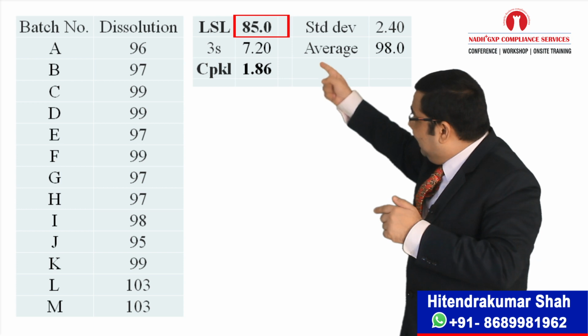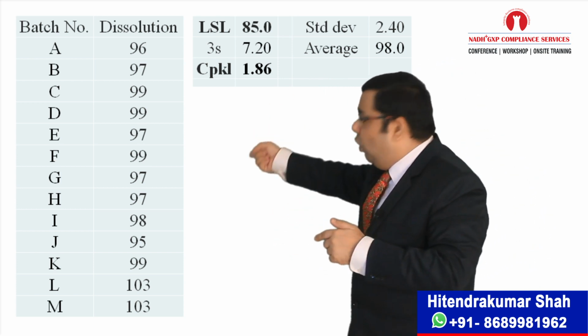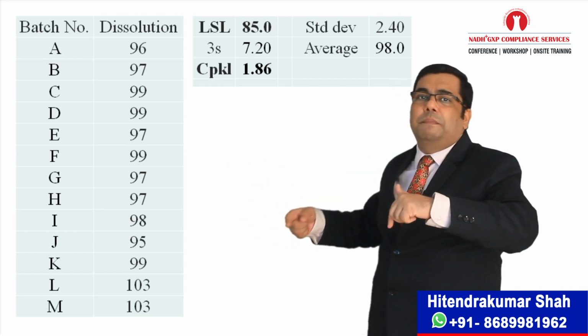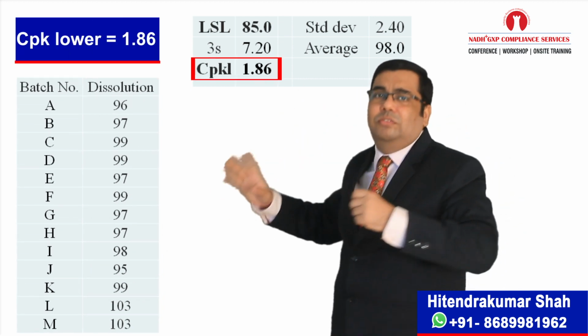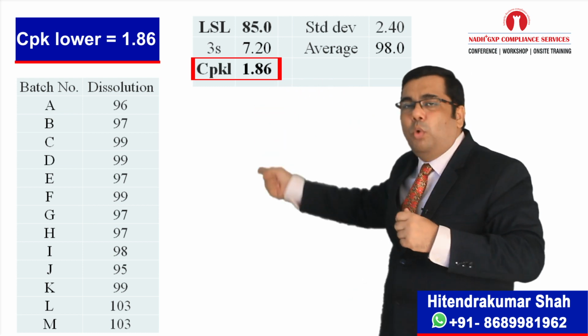If we apply the formula for calculation of CPK lower, we will see that the CPK lower value is 1.86. So CPK for this case is 1.86. Hope now you understood the clear concept of process capability and how we should calculate it by following the process capability tools.